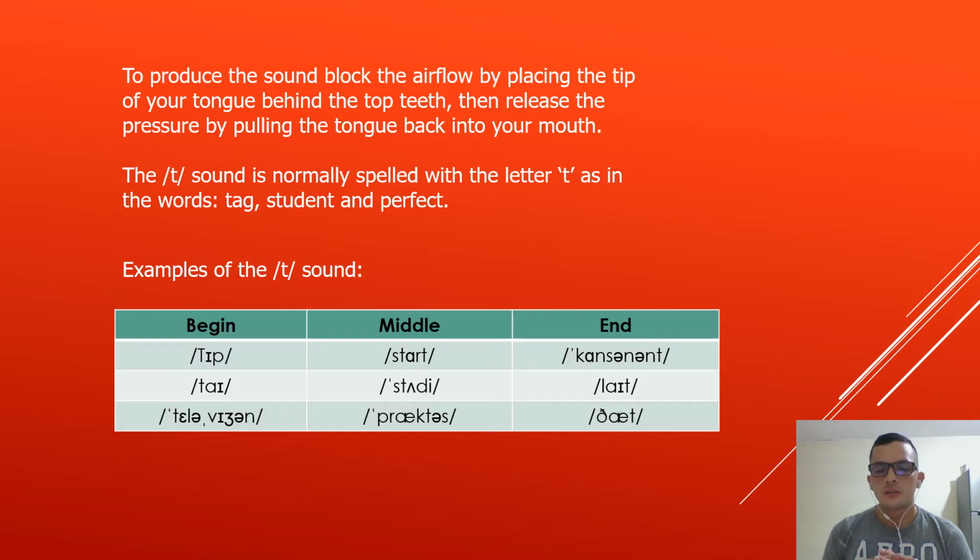Here are some words with the t sound in the middle: start, study, and practice. And here are some words with the t sound at the end: consonant, light, and that. So that's it for the t sound.